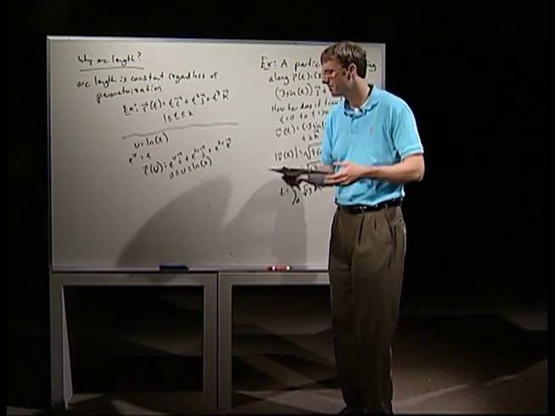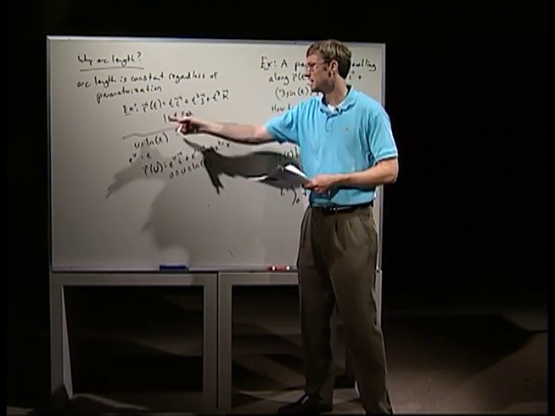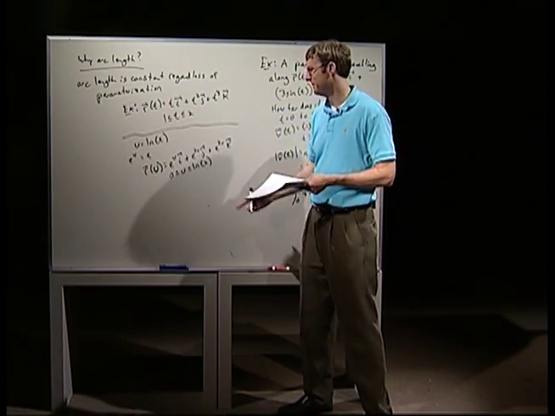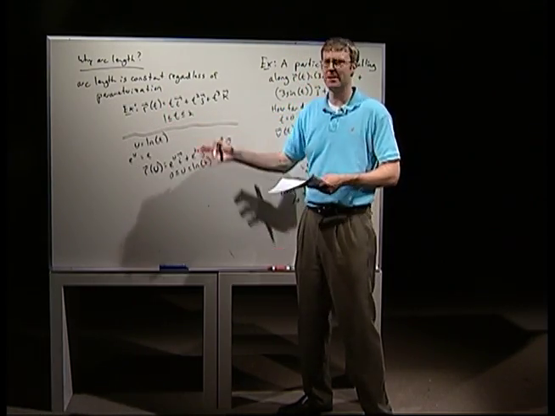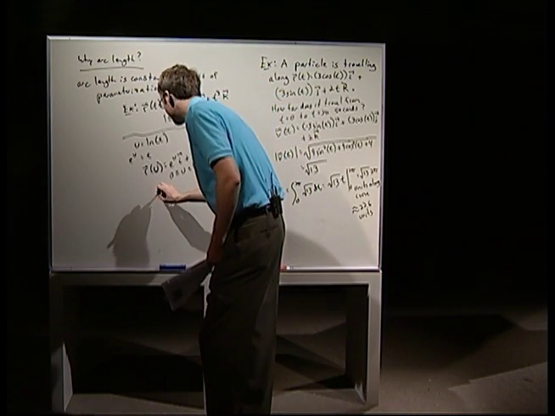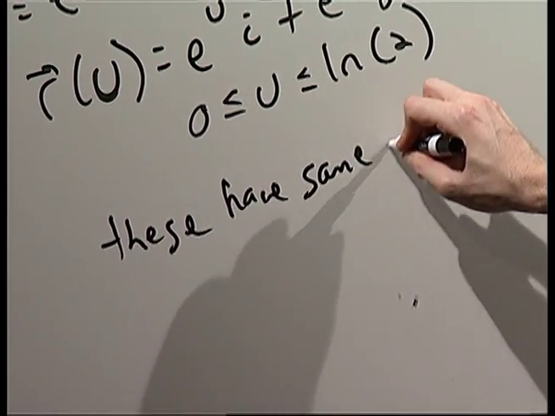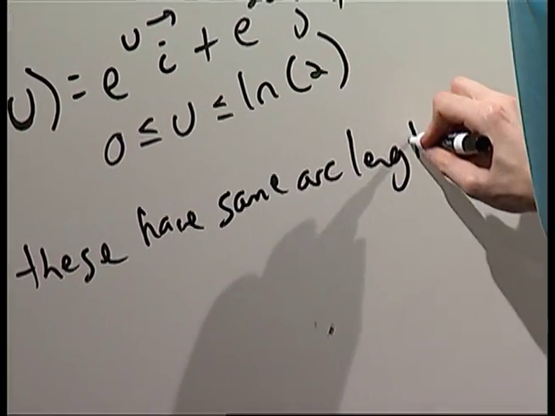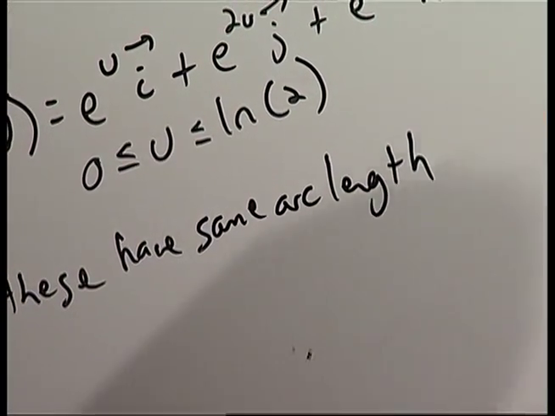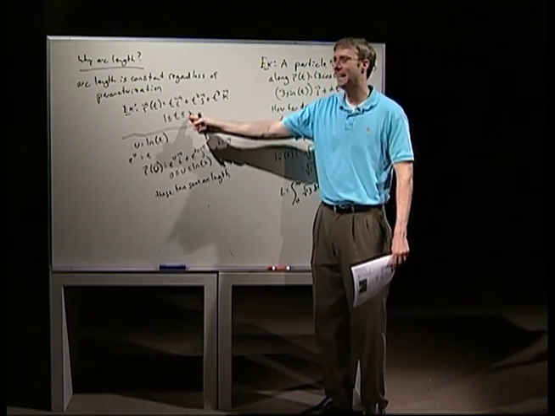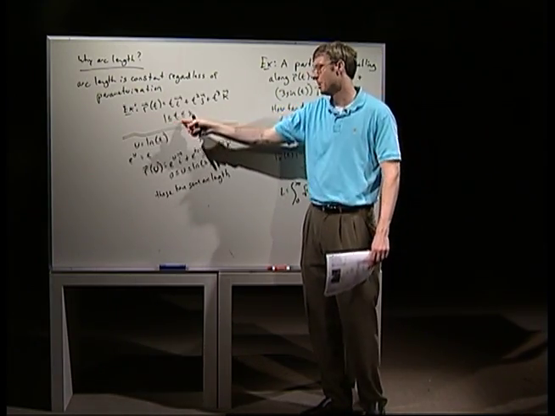But one is parameterized by t, one by u, with different time intervals, and the same arc length. So these have the same arc length. It just happens to be that this one is traced faster. This one takes 1 time unit to trace.